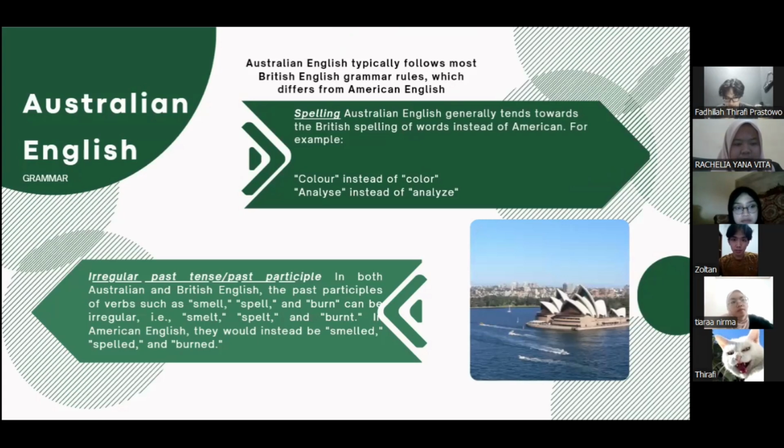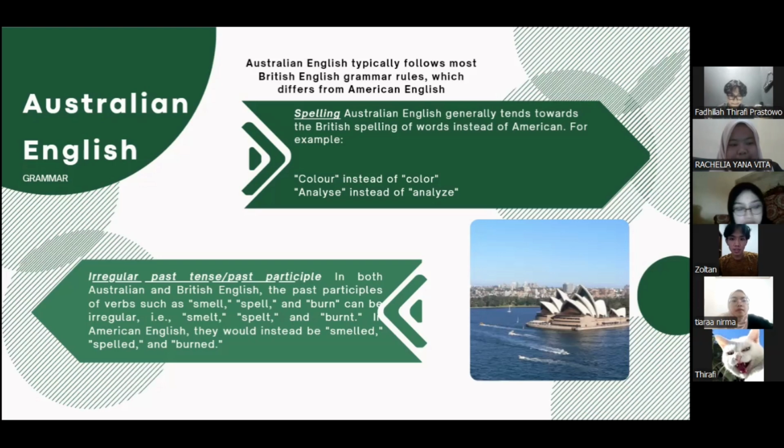Australian English typically follows most British English grammar rules, which differ from American English. Spelling: Australian English generally tends toward the British spelling of words instead of American. For example, colour instead of color, analyse instead of analyze.